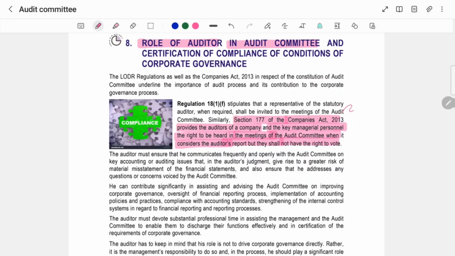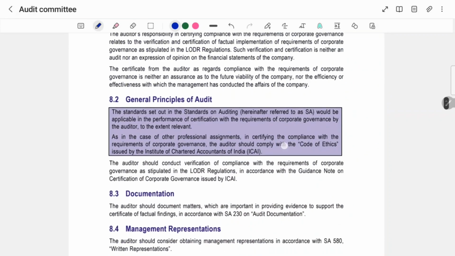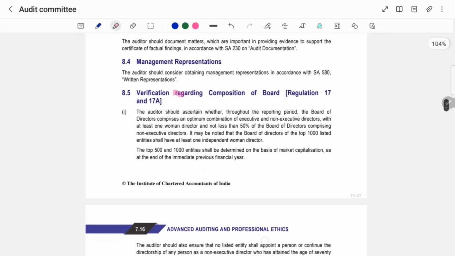So there is right to be heard, but not right to vote.